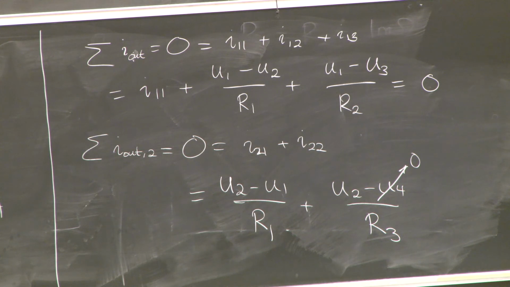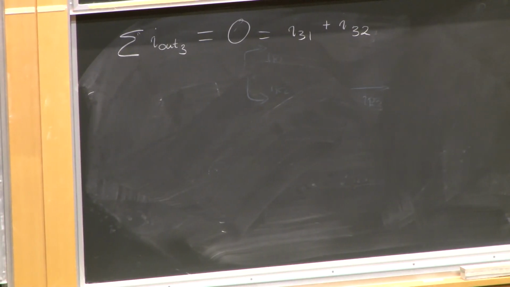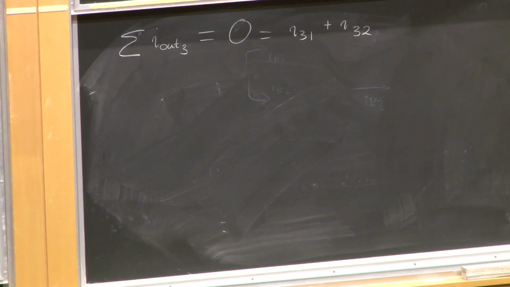The sum of the currents at node 3 are what? Let's say I've got an I31. I'll draw them up in a second. Let's call this one I31, this one I32.